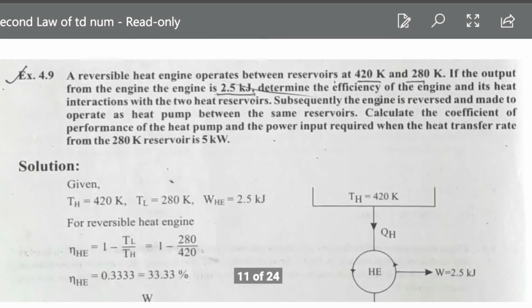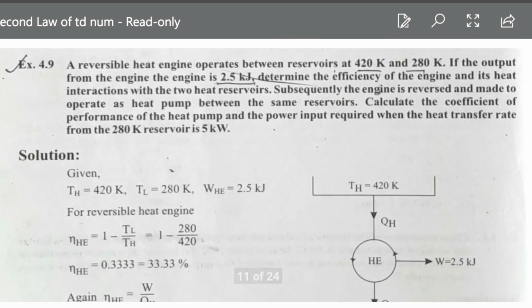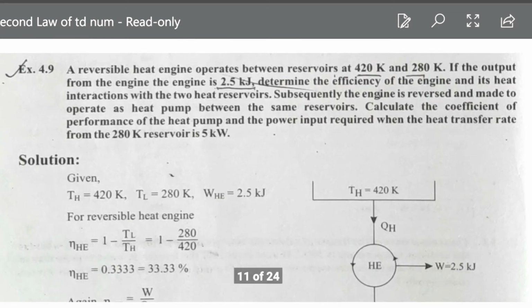Next problem is: a reversible heat engine operates between reservoirs at 420 Kelvin and 280 Kelvin. If the output from the engine is 2.5 kilojoule, determine the efficiency of the engine and its heat interaction with the two heat reservoirs.